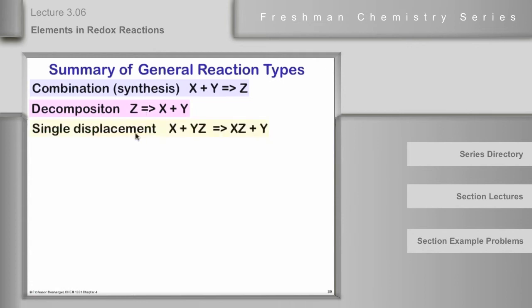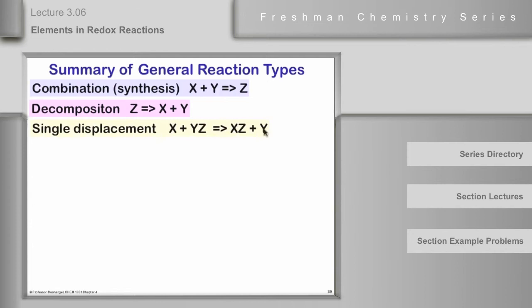Okay? There are 2 types of displacement reactions, and I like to illustrate a single displacement reaction like this. Some single substance, X, reacts with YZ to displace the Y and form XZ. That's a displacement.